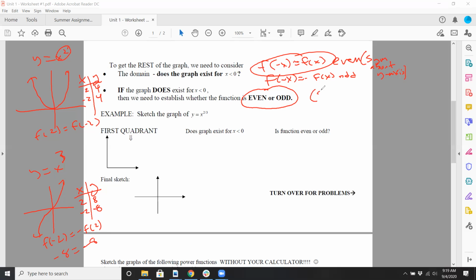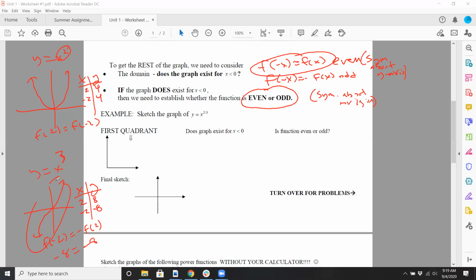And that's going to be symmetric about the origin. Meaning that if I rotated this graph here 180 degrees, it would get back to the same configuration. So those are other things that we need to consider as well when you want the complete graph, in addition to seeing if the domain would exist when x is less than 0.